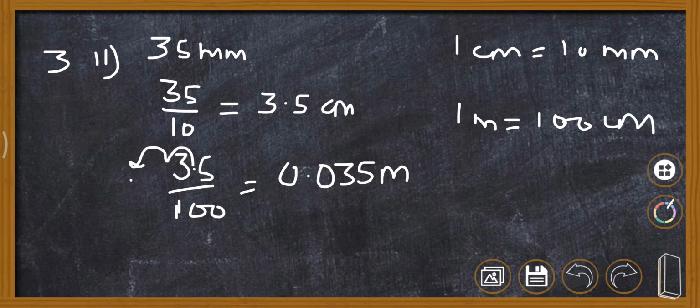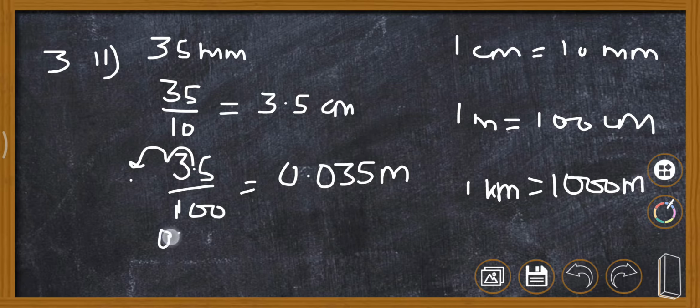Now we are required to convert this into kilometer also. So we know that 1 kilometer is equal to 1000 meter. So here we will divide it by 1000. So 0.035 divided by 1000.